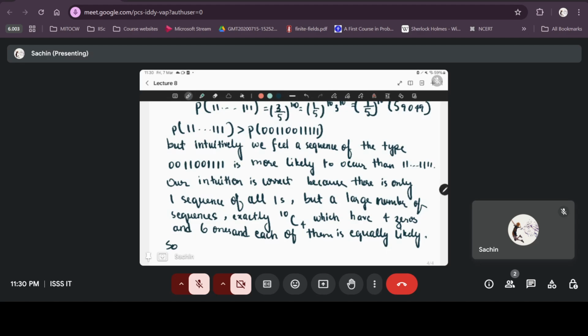There are also a large number of ways in which a sequence of 3 zeros and 7 ones can occur, and also a large number of ways in which a sequence of 5 zeros and 5 ones can occur. But so to make this more precise, we define the concept of a typical set.